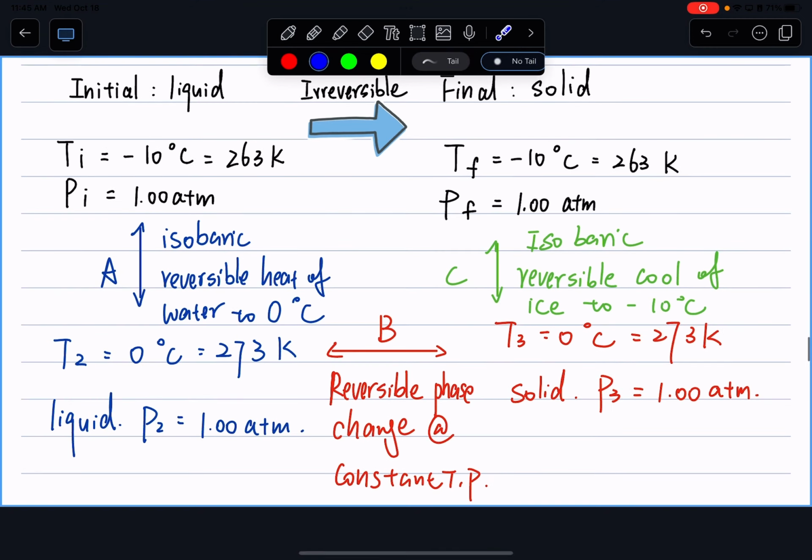Right, so that's what we mean when we're saying for an irreversible process, as long as you can build a reversible path to that final state, you will be able to solve for the entropy change. Why is this irreversible?